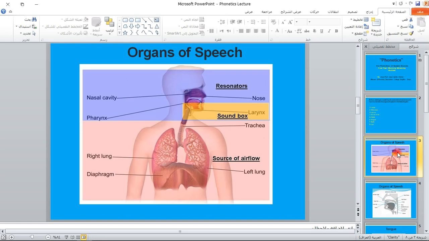Another example is the English sound S, which is produced when the front of the tongue, which is movable and active, comes into contact with the alveolar ridge, which is unmovable, passive.